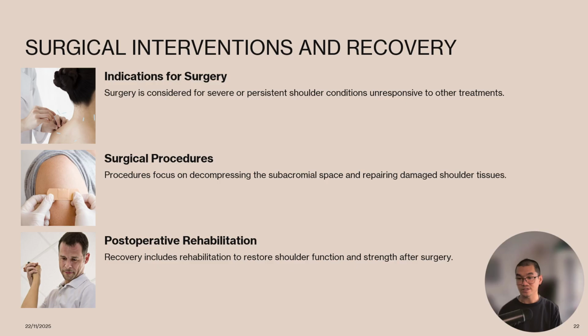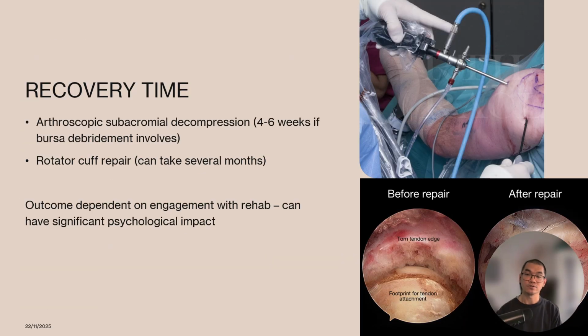Surgical intervention is regarded as the last resort, and it is important to counsel people that surgery is only for severe and persistent cases, and that it does not usually have a better outcome than conservative management. We have to focus on shoulder function as the target of treatment rather than the presence or absence of pain. With the shoulder, we generally have two procedures.